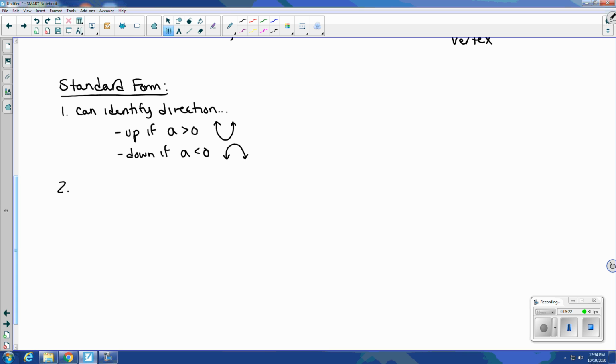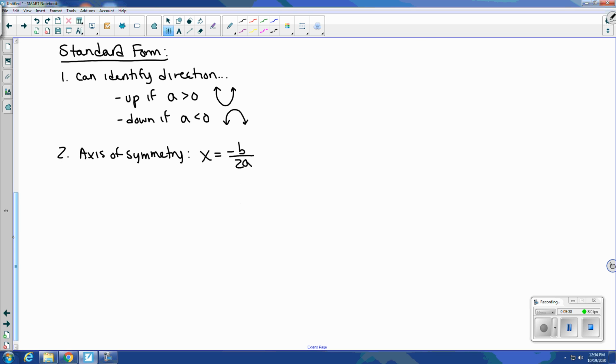The second thing we can identify is the axis of symmetry. And that will be found by computing or evaluating x equals negative b over 2a. And we saw where that came from up above. Third, if I know the axis of symmetry, I will be able to get the vertex.